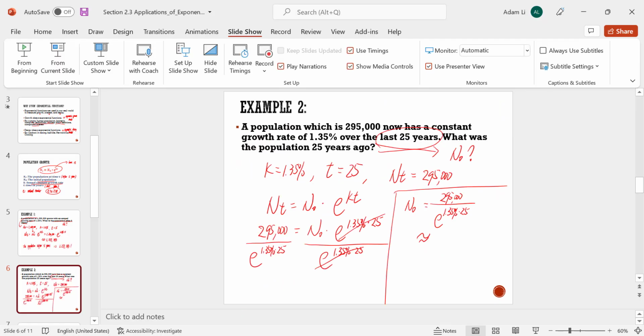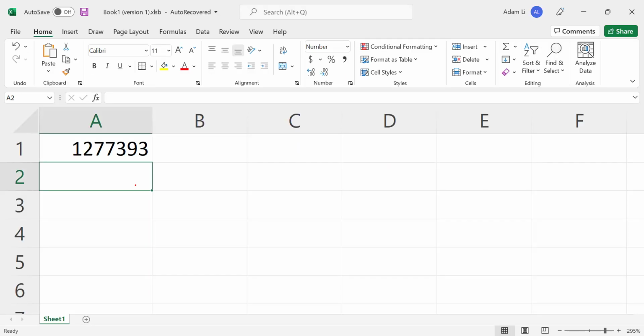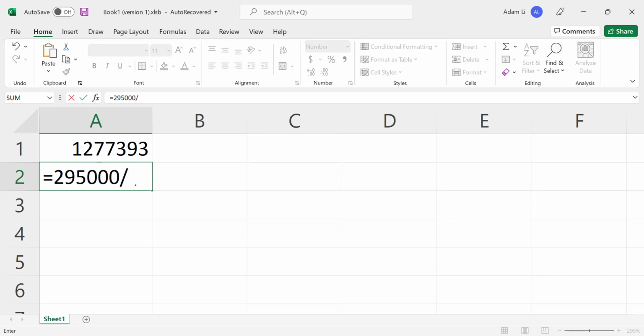Alright, so we're going to go to Excel right now and type it in. So we get 295,000 divided by EXP, E raised to a certain power. So it's 1.35% multiplied by 25 years. And that should give us the initial population here.